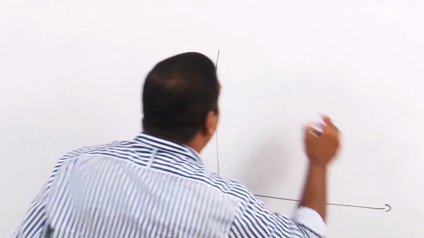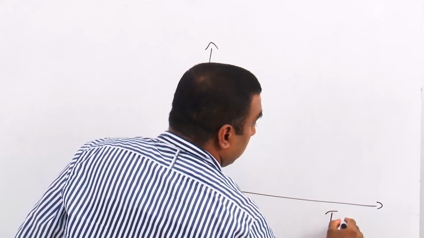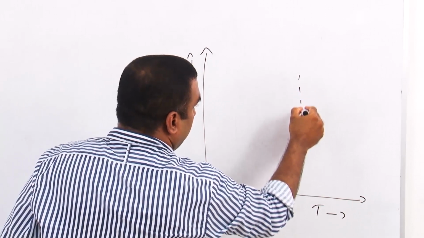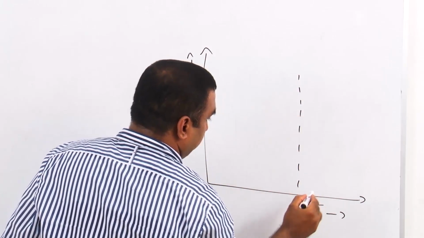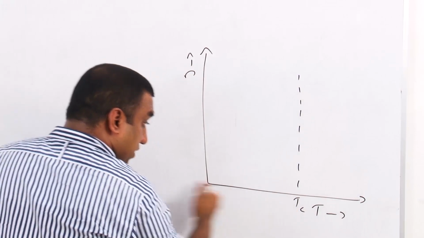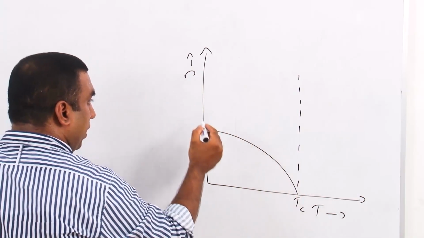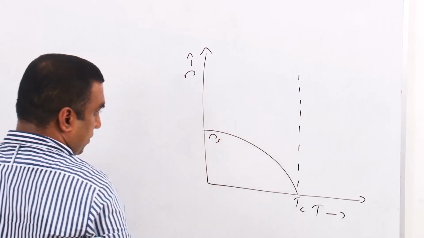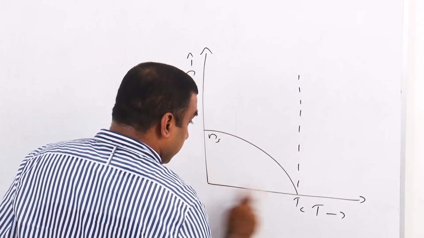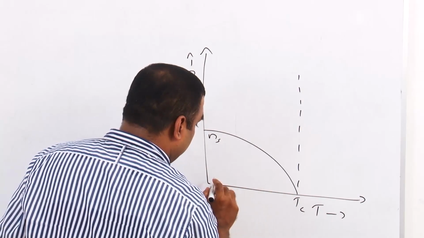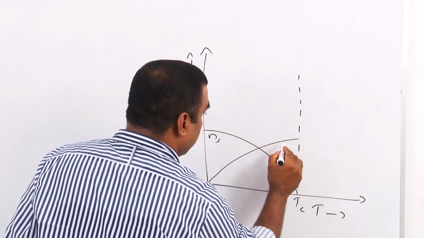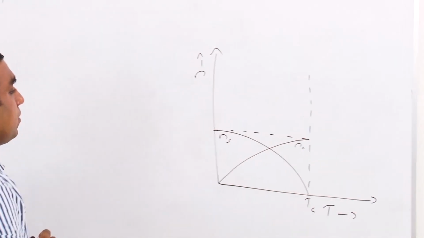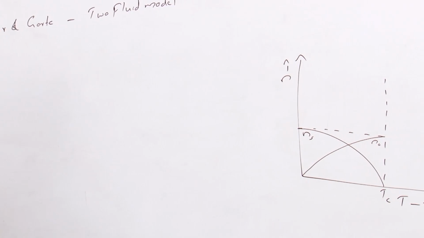If I plot a graph with temperature for showing the variation of number of electrons inside a superconductor, and let this be the critical temperature, as the temperature decreases from critical temperature, the number of superelectrons increases. This shows the variation of superelectrons, and as temperature increases from 0 Kelvin to critical temperature, the number of normal electrons increases, and at any instant the sum of superelectrons and normal electrons is a constant.